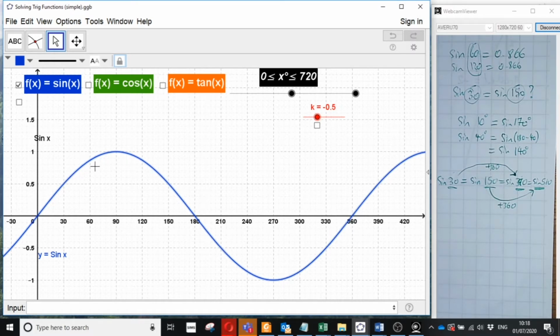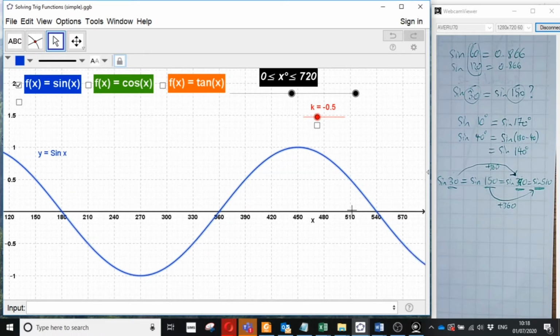In other words, the curve has a cycle or period of 360 degrees, something you may have heard of in science. So 30 degrees will be the same thing as 30 plus 360, 390. 150 degrees will be the same part of the curve as 150 plus 360. 150 plus 360 is 510.